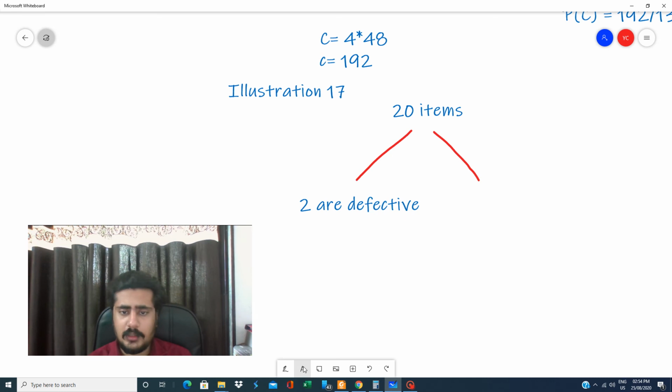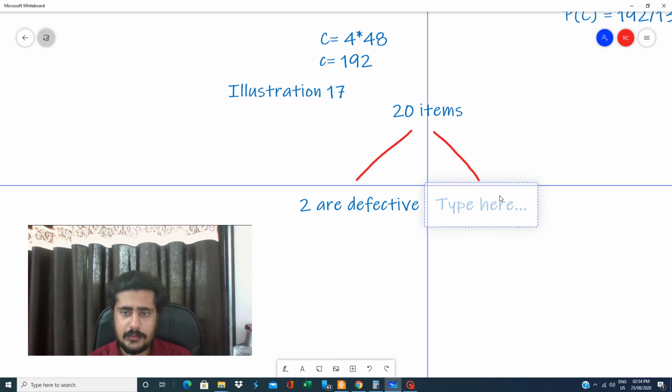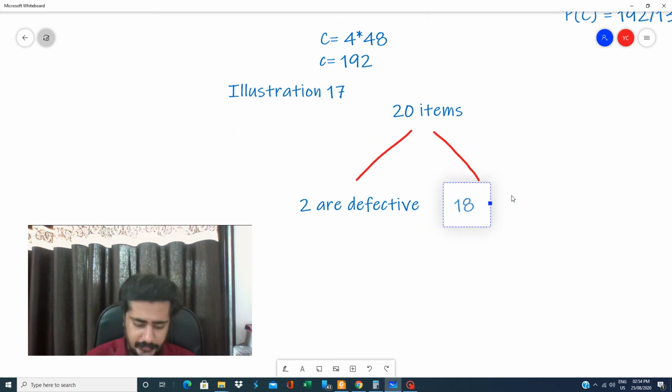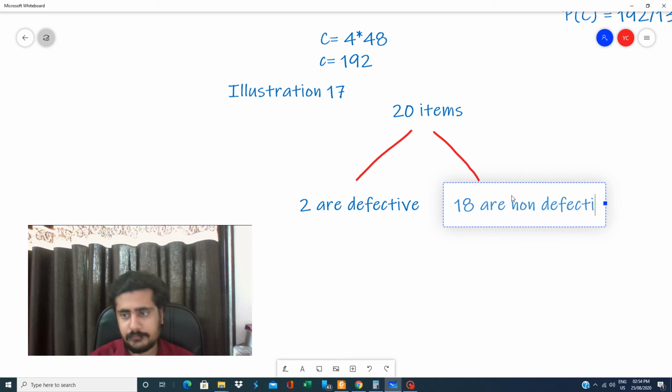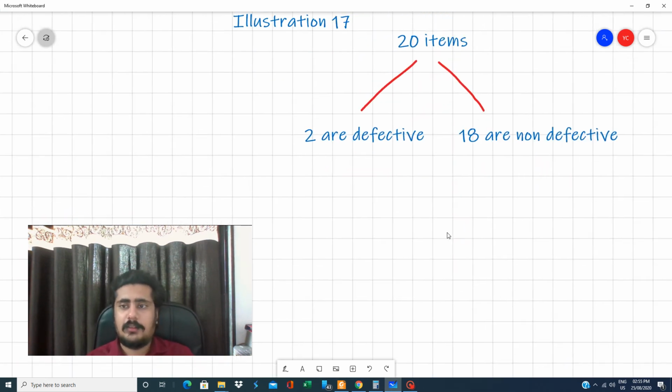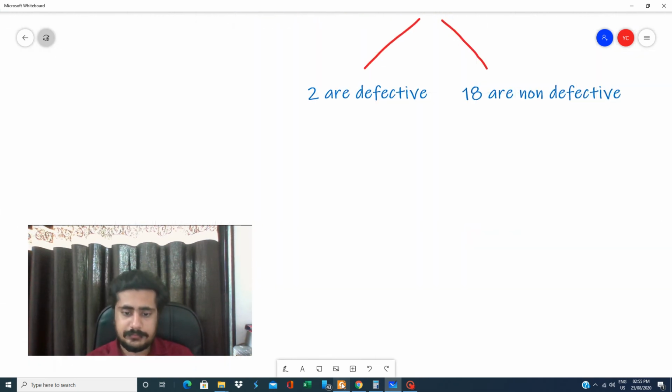So if 2 are defective, then it is obvious that 18 are non-defective.